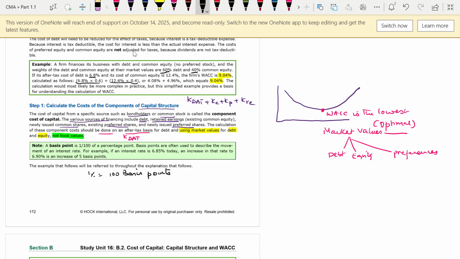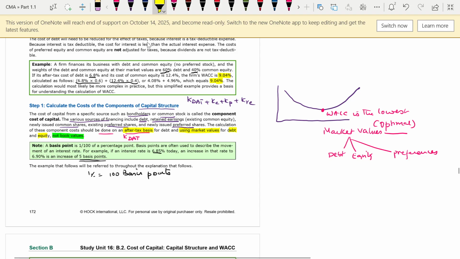If it is increasing from 6.85 to 6.9, it means it is increasing by 5 basis points. What are the two conditions we have to take into consideration? After tax basis, and market values.